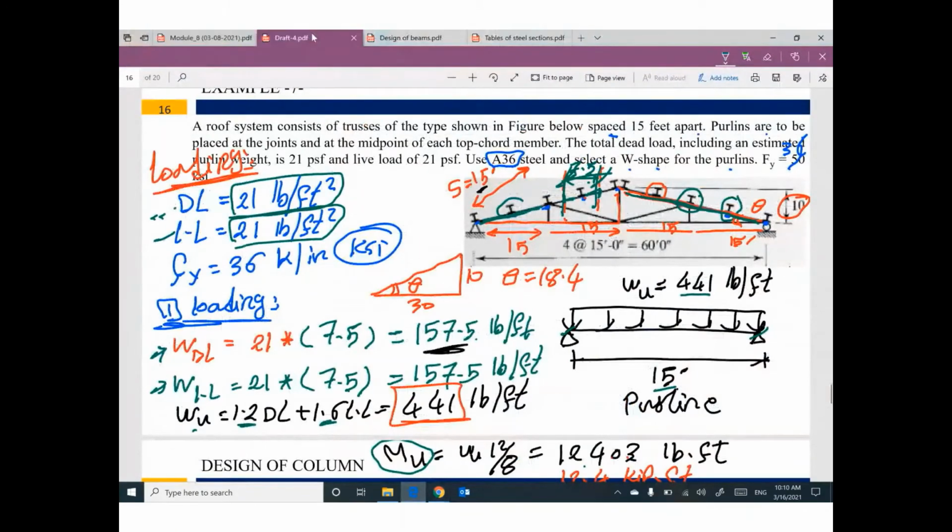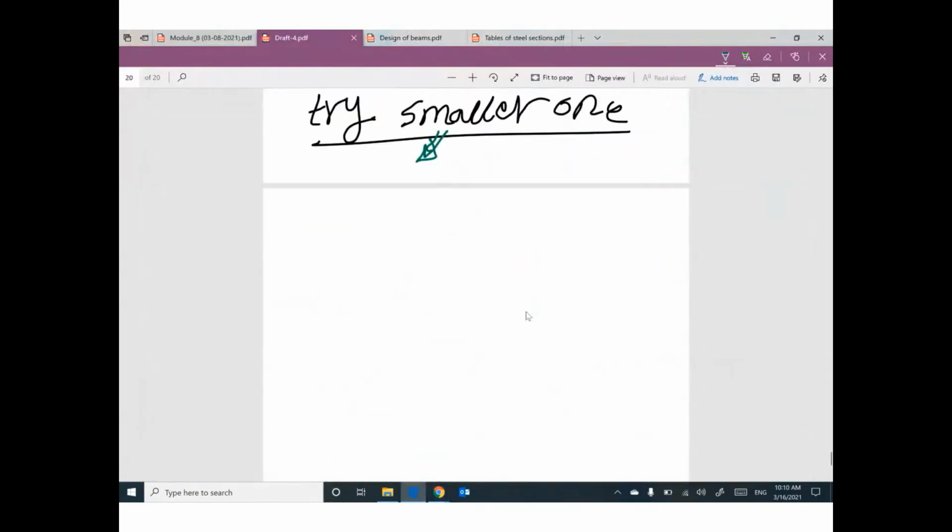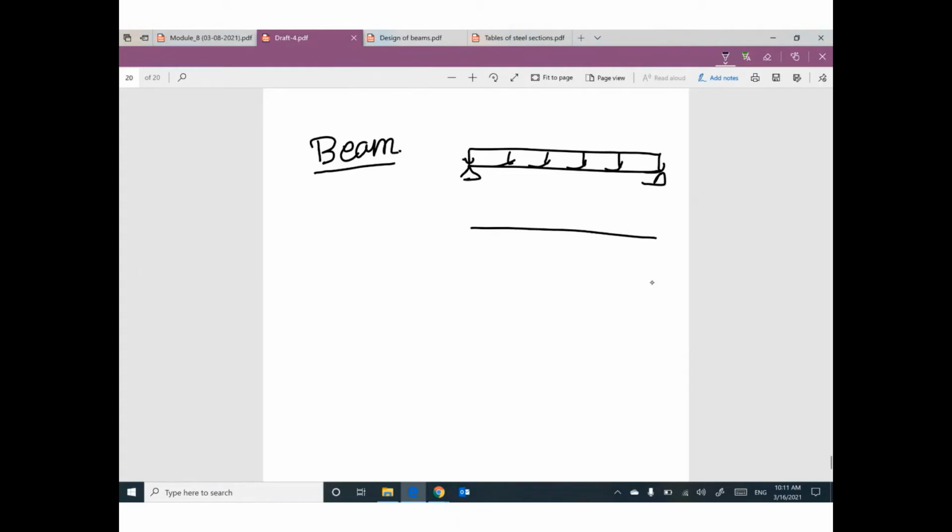So, to summarize what we learned until this moment, if we have a beam with load, whatever the applied load, that means we have moment. The maximum moment, M ultimate, must be smaller than or equal to phi Mn, which is the design bending moment.